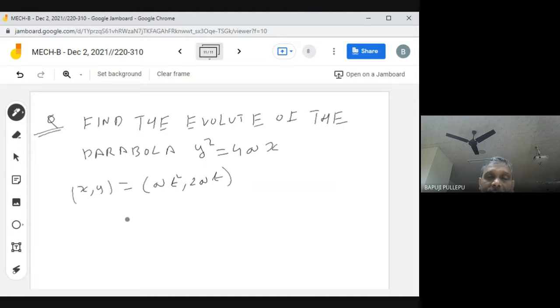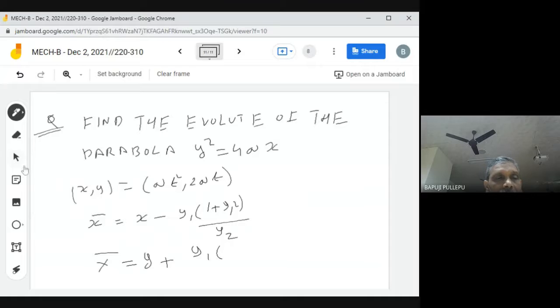Now, first you can find the center. From this center, I will remove the parameter t. Now, what is my x bar? x bar is equal to what? x minus y1 into 1 plus y1 square by y2. y bar is equal to what? y plus, oh sorry, y1 won't come here. y2.